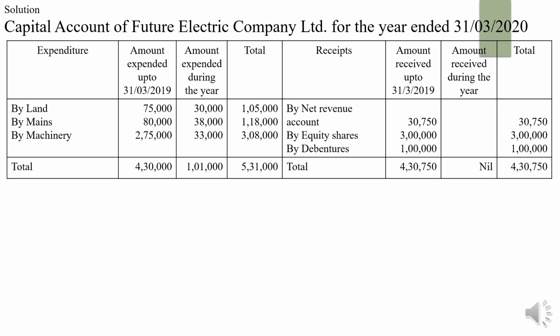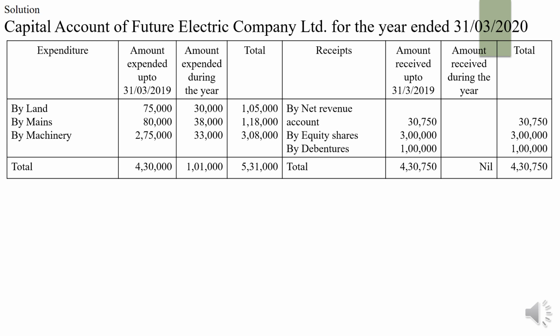And machinery up to the beginning 2,75,000, and amount expended during the year 33,000, so total 3,08,000. So if you see the total expenditure, it comes to 5,31,000, and total receipts 4,30,750.